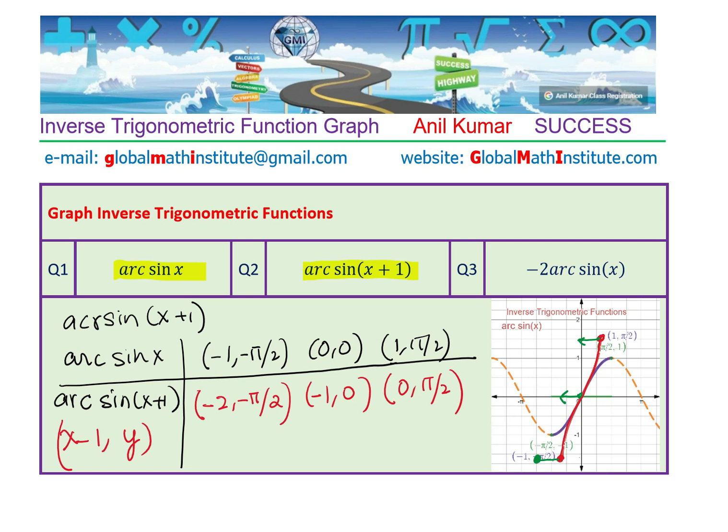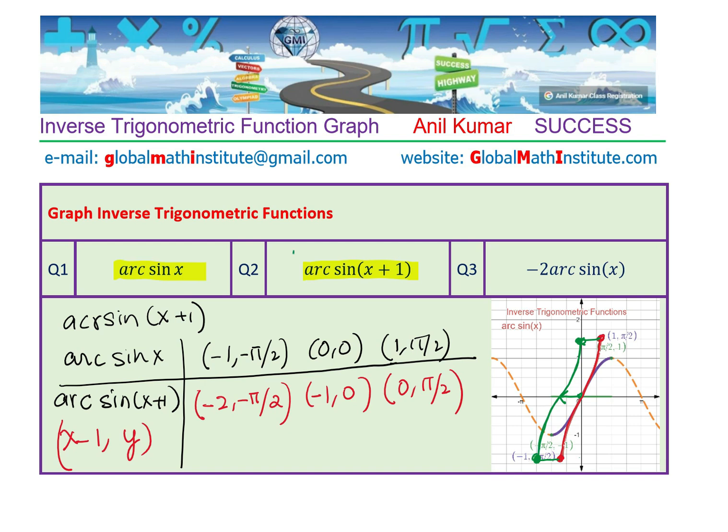To get the graph of arc sine x plus 1, right? And we'll maintain the same shape, correct, like this. So that becomes the graph. So that is the y-intercept at the end, right?